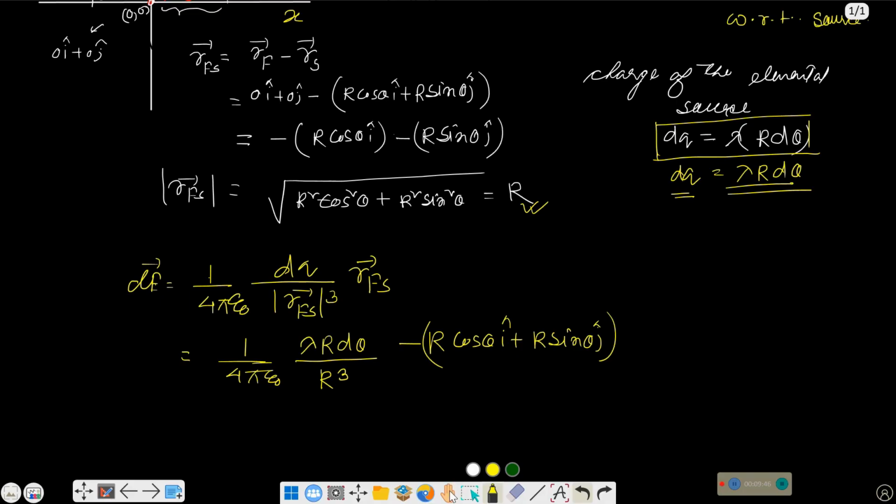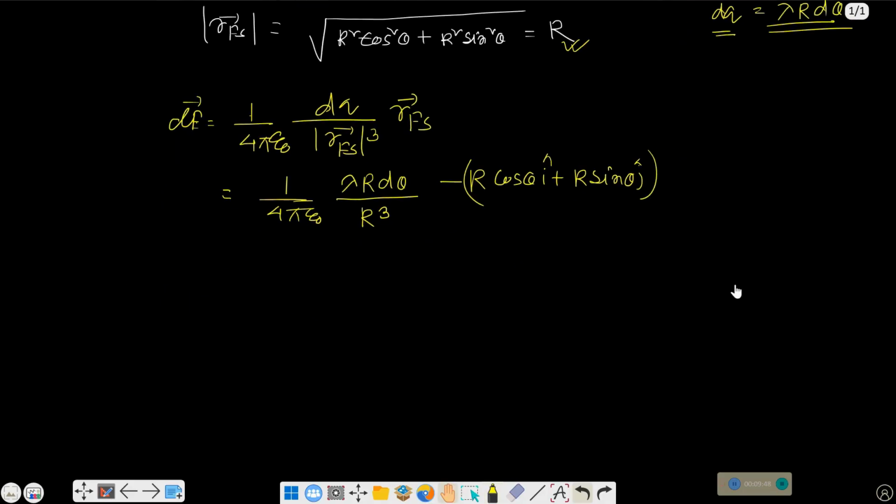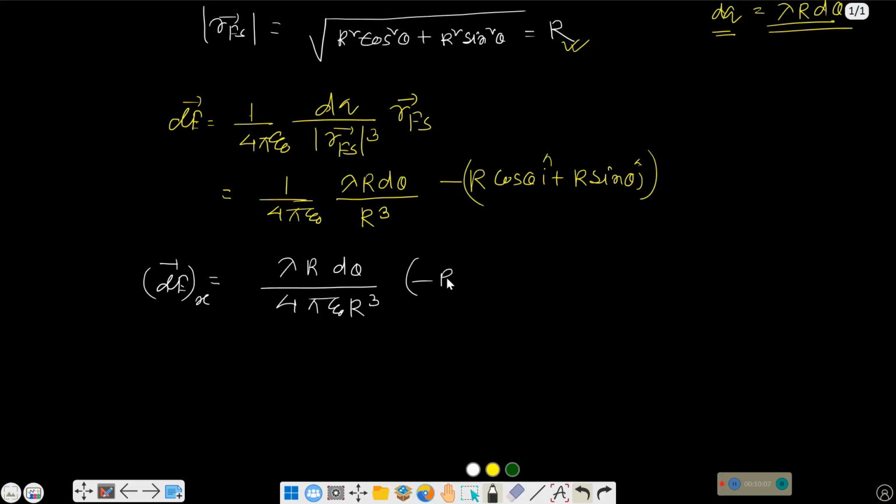One is the dEx component, another is the dEy component. First we will calculate the dEx component. dEx is lambda r d theta by 4 pi epsilon naught r cube, that is minus of r cos theta i cap.